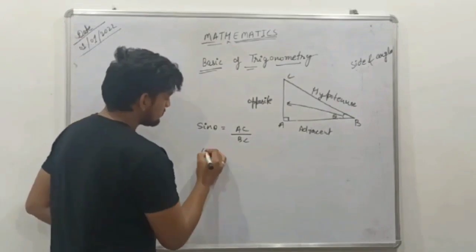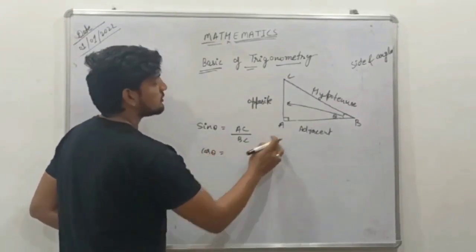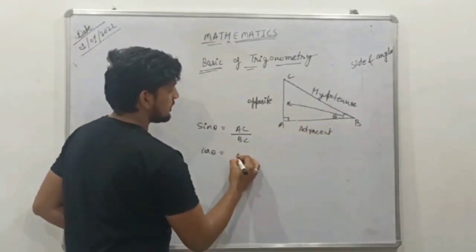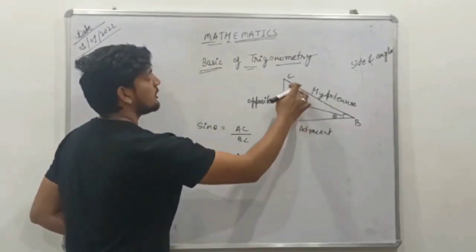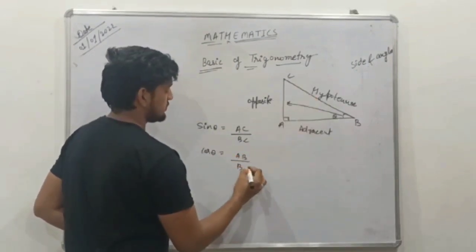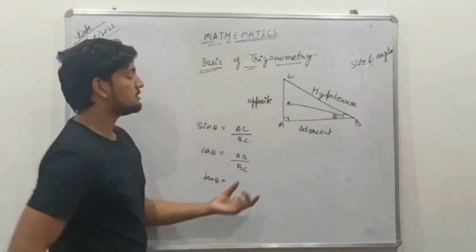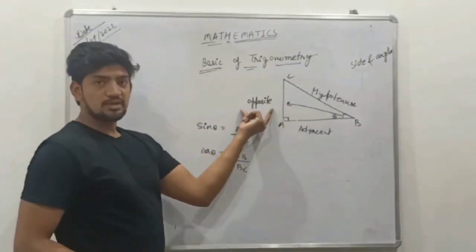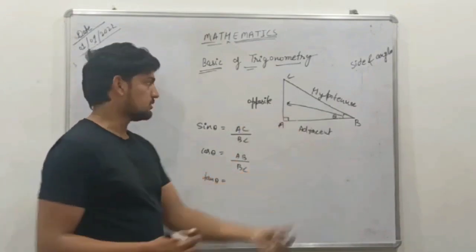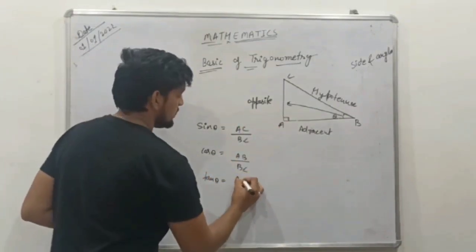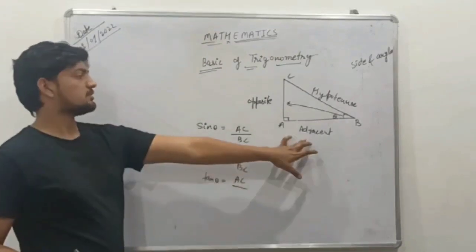And cos theta is equal to adjacent AB upon the hypotenuse BC. And tan theta is also equal to opposite upon adjacent. The opposite is equal to AC and the adjacent is equal to AB.